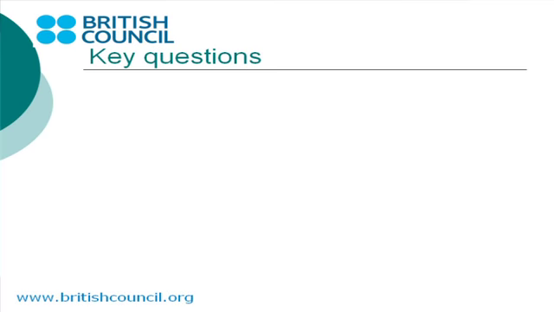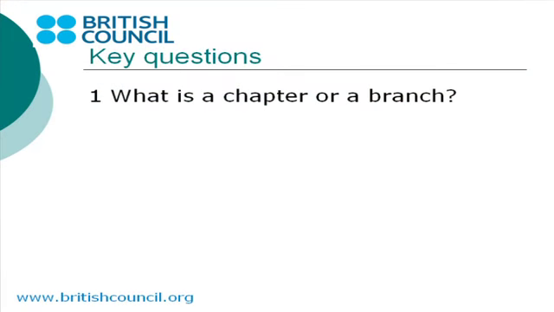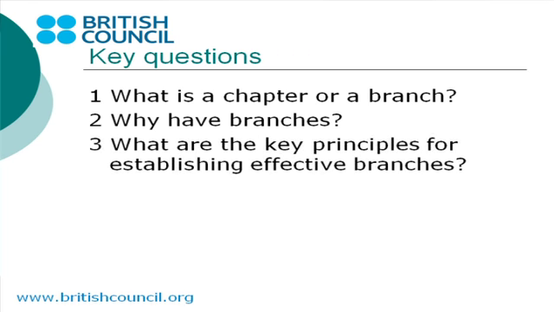Today we're going to talk about a topic which I know is relevant to many of them: how do you establish effective branches or chapters? We're going to organise this talk by looking at some key questions. Firstly, what is a chapter or a branch? Secondly, why have branches in a teacher association? Thirdly, what are the key principles for establishing effective chapters?